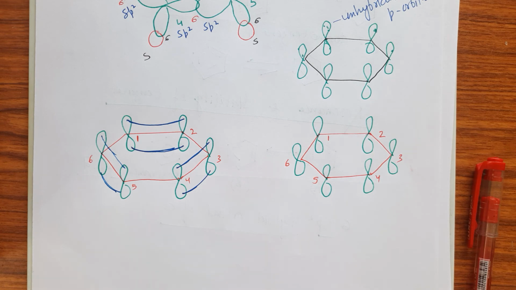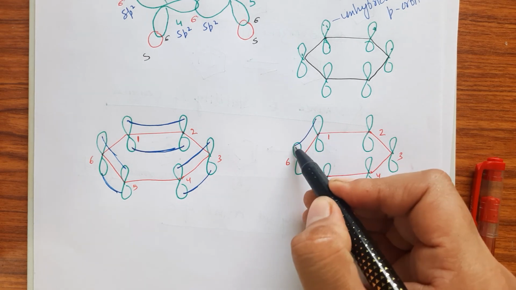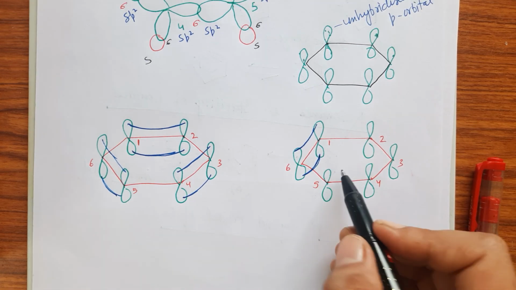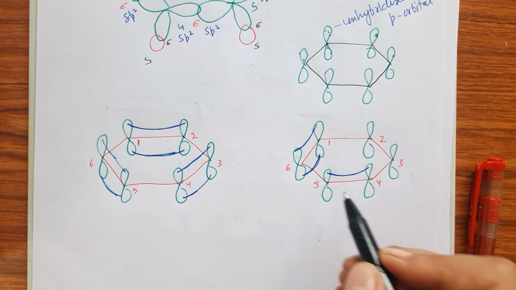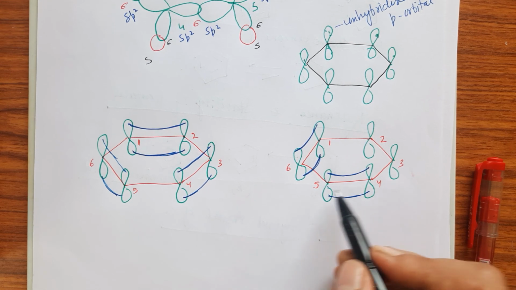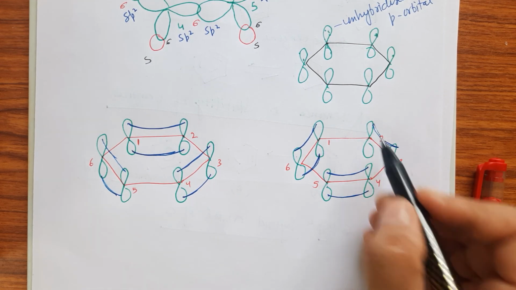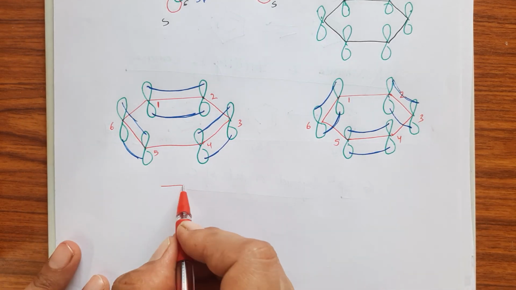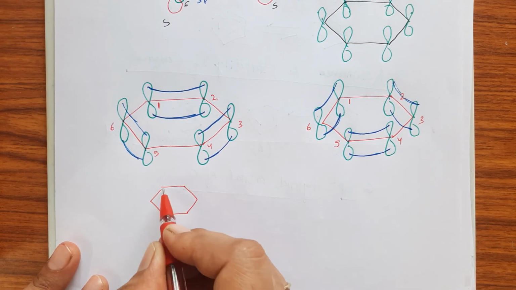The other possibility is that 1 may overlap laterally with the unhybridized orbital at the sixth carbon, fourth with fifth, second with third. So in such a way, there are 2 types of possibility for the benzene ring.